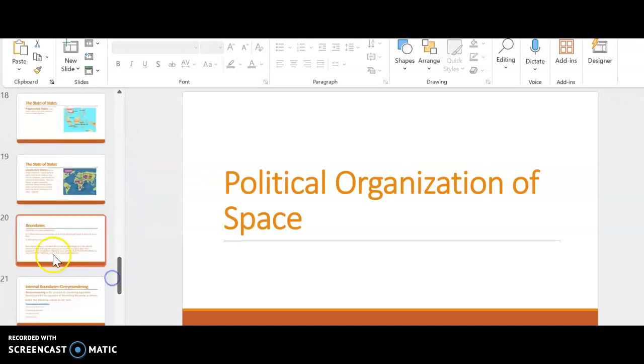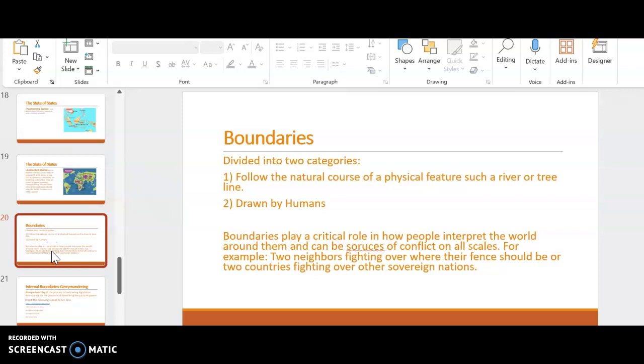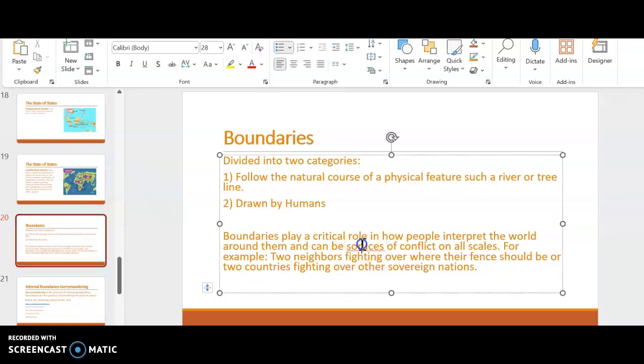We started talking about boundaries, and how boundaries can be created by physical features such as a mountain range, a river, or a desert, something like that. That can cause what we consider a boundary, or humans can create boundaries. So we can say this is my property and that's your property, or we can create boundaries like for voting districts, and this is a very hot topic today.